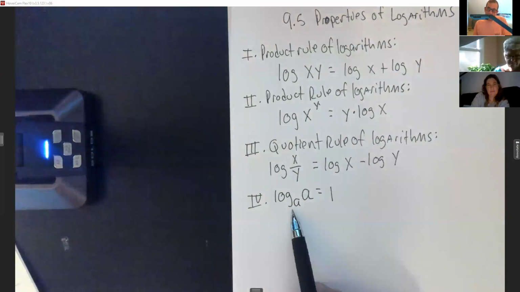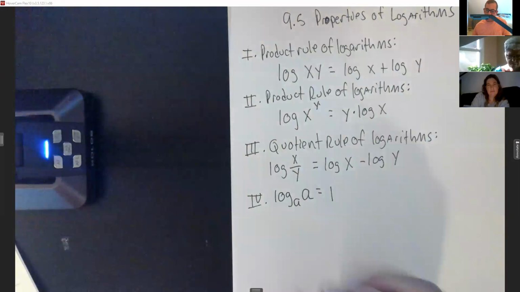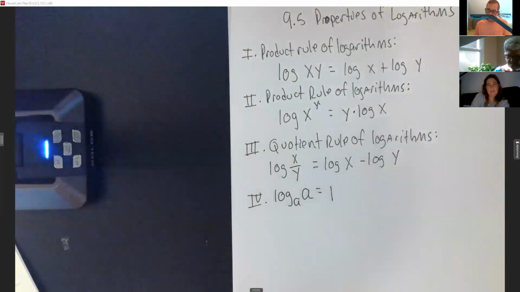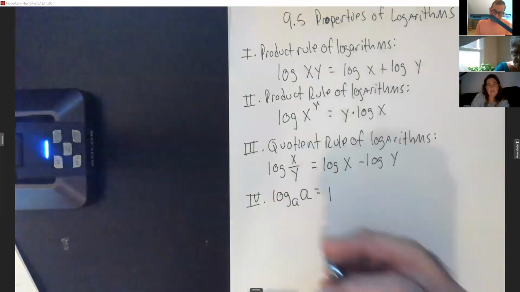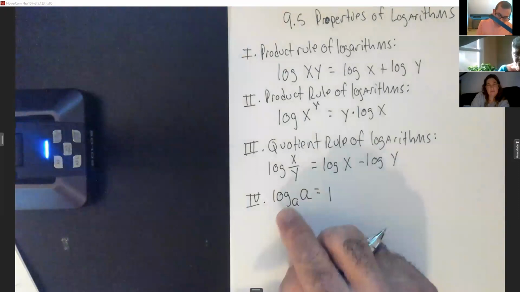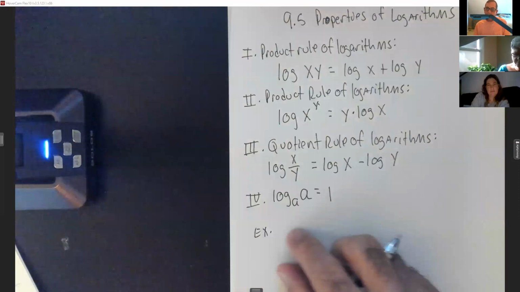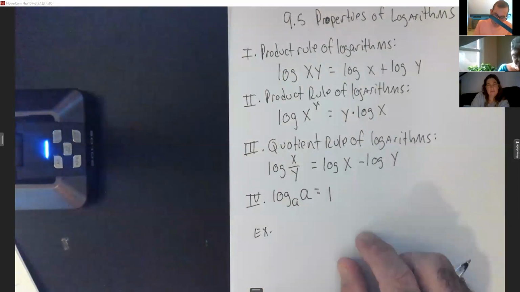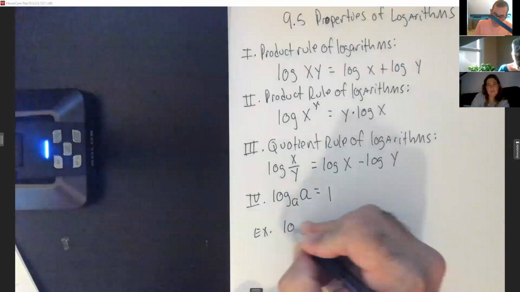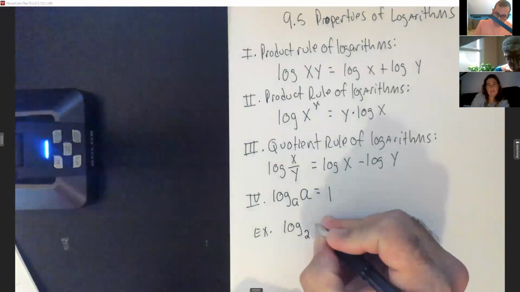And y'all, let me explain what these logs are because I wasn't able to be with y'all yesterday. So I just want to go over a little bit with you about what a log is, okay? So yesterday y'all had problems like this, log base 2 of 8.